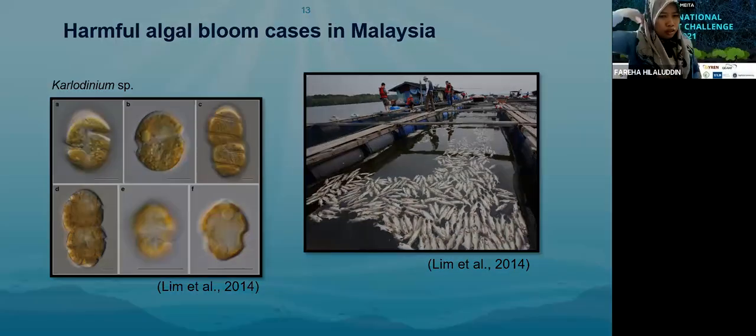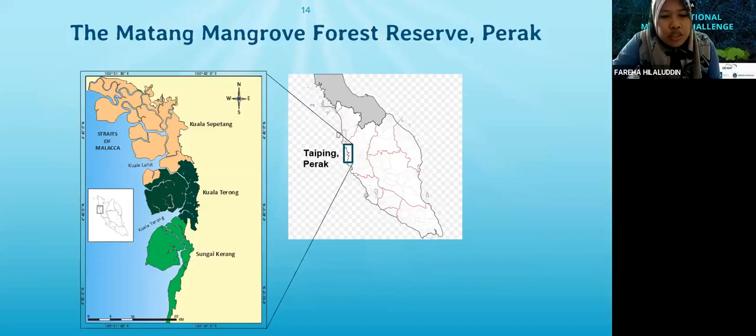So we'll share about our largest mangrove ecosystem in Malaysia. We have the Matang Mangrove Forest Reserve, Perak. The Matang Mangrove Forest Reserve is located in Taiping, Perak, which is the largest mangrove forest in the peninsula with approximately 40,000 hectares.